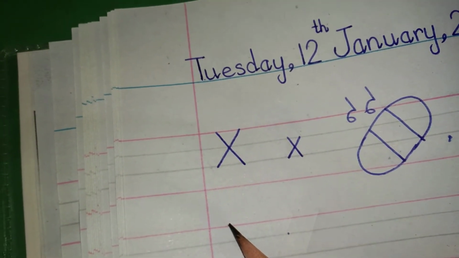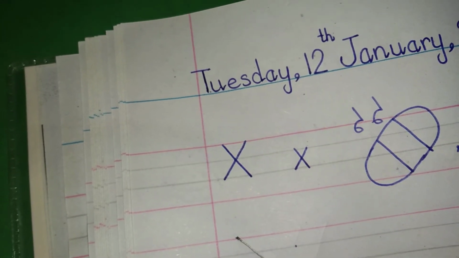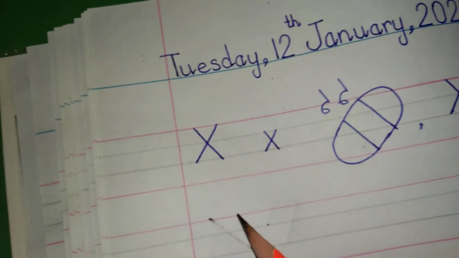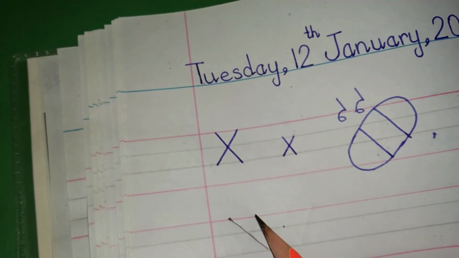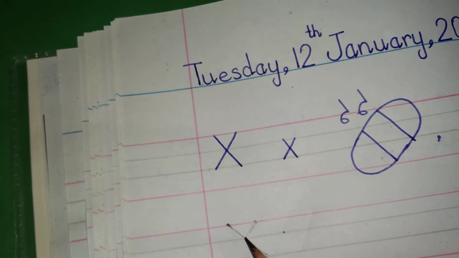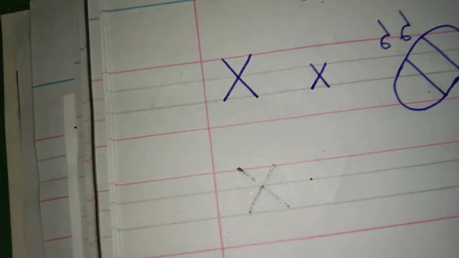Make a slanting line down to the right like this. Go back to the top again and make another slanting line down to the left like this.